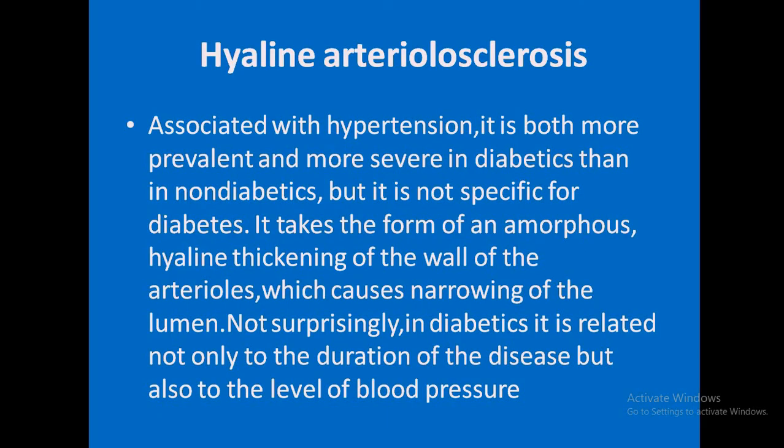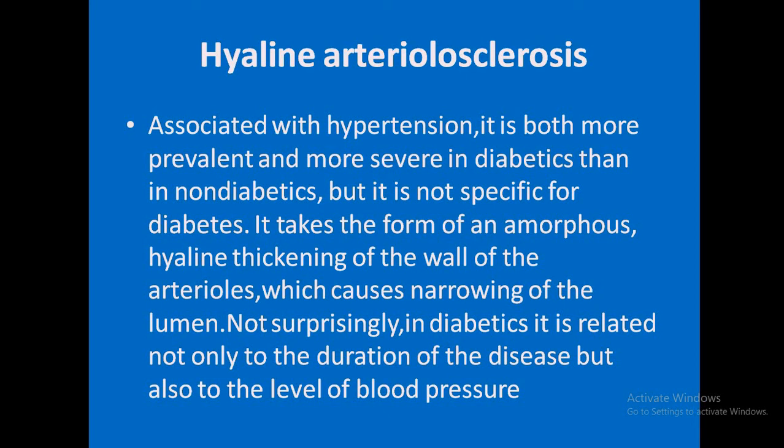Another important factor is hyaline arteriosclerosis, which is usually associated with hypertension. So this is another important histological finding. It is more prevalent and more severe in diabetes, but it is not specific for diabetes. It presents as amorphous hyaline thickening of the wall of arterioles.